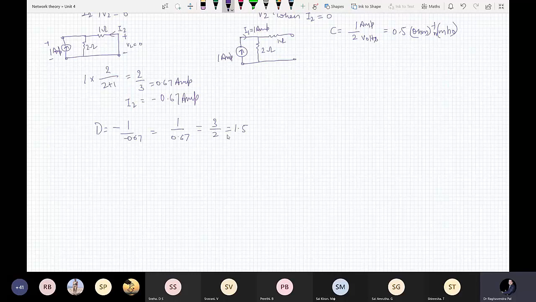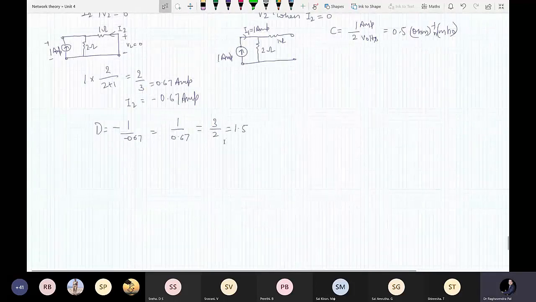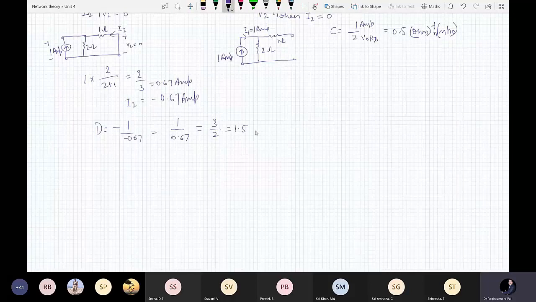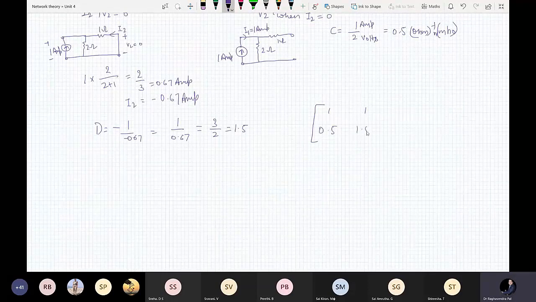So that is the value of D. The unit will be what? No unit. Okay, so like this you can calculate the ABCD parameters. Now you can see what are the ABCD parameters of the first network. These are 1, 1, 0.5 and 1.5 of first network, T of network 1.